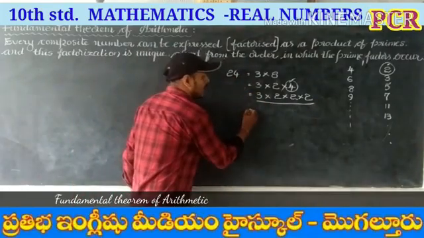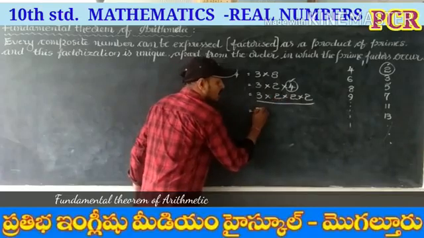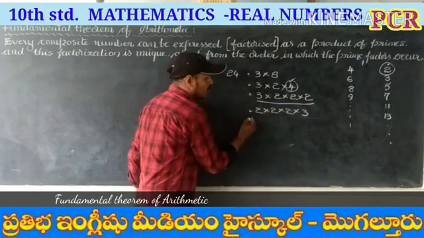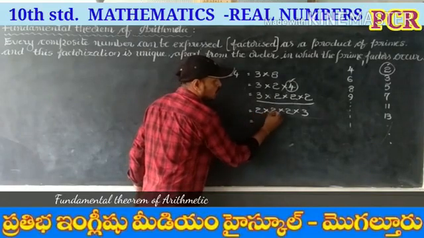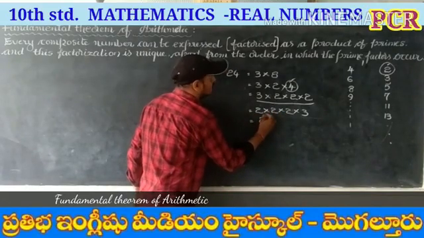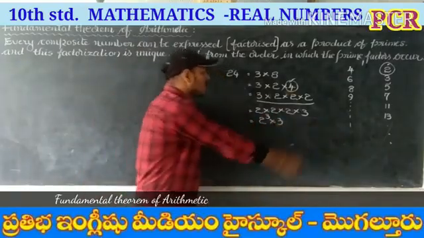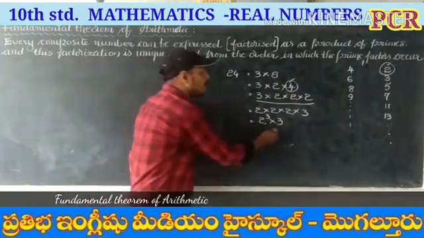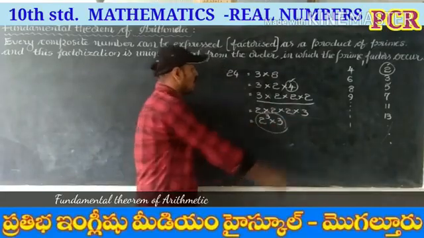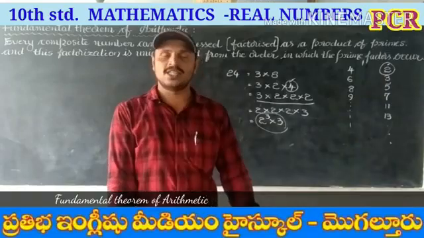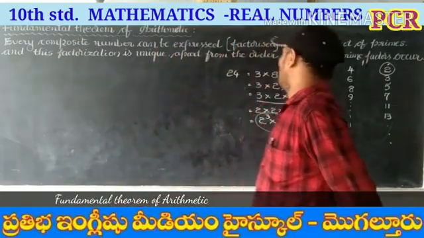That's why, if we write in ascending order, 2 into 2 into 2 into 3. How many times is 2 written? 3 times, so 2 cube into 3. This is called the prime factorization of the number, and this prime factorization is unique for every number.